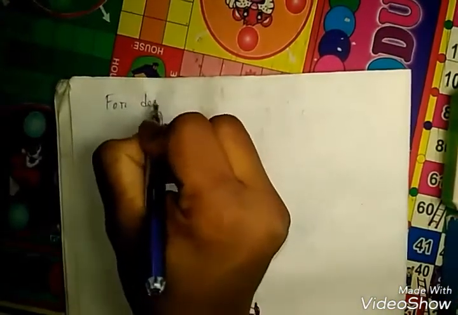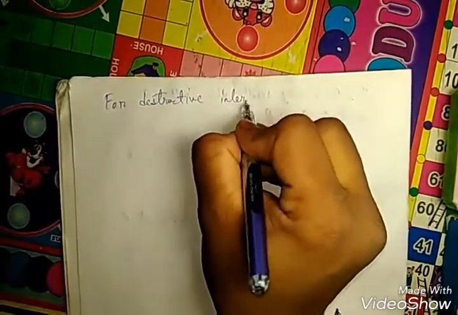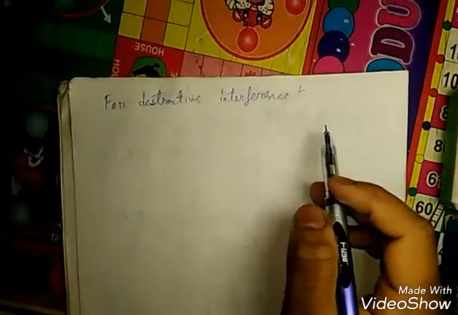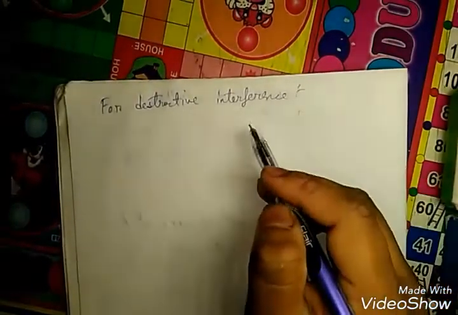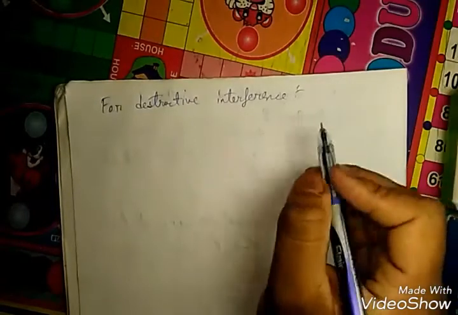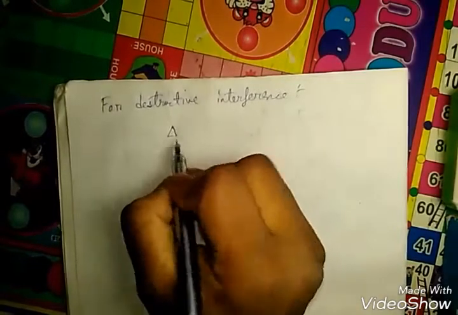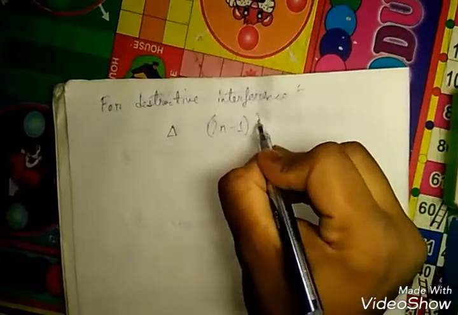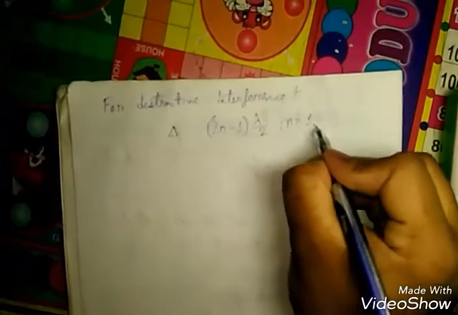Now for destructive interference. If the path difference is an odd multiple of half of the wavelength, then we get destructive interference. So here we can directly write the path difference delta is equal to (2n minus 1) lambda by 2, where n is equal to 1, 2, 3.